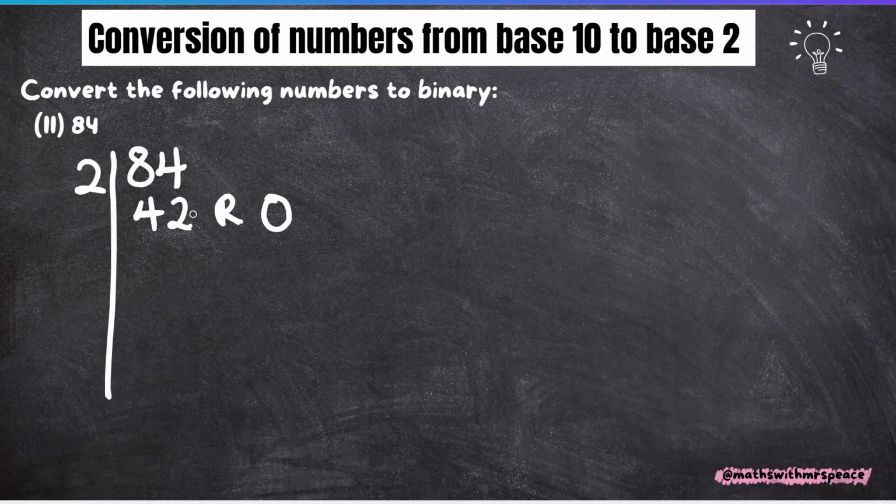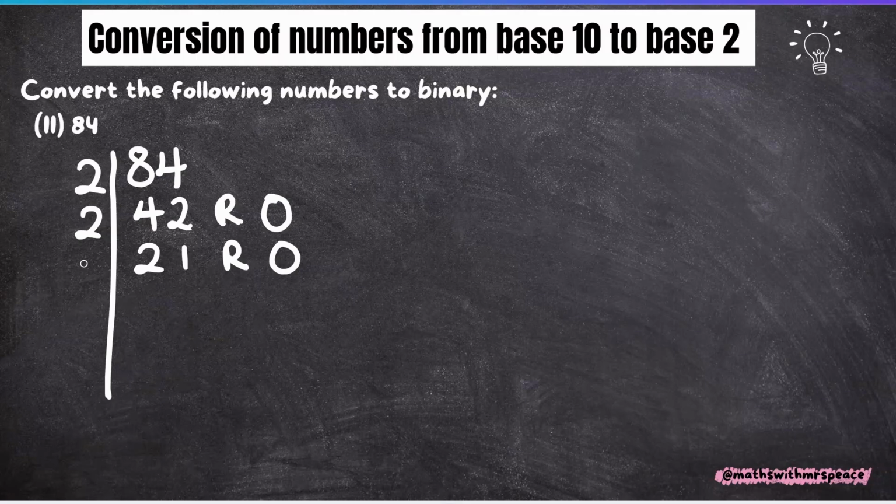So you may have noticed that every time you are dividing an even number, you're going to get remainder 0. But if it's an odd number, you get remainder 1. So 42 again divided by 2, we're going to get 21, remainder 0.